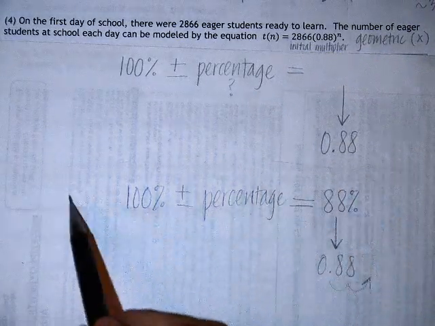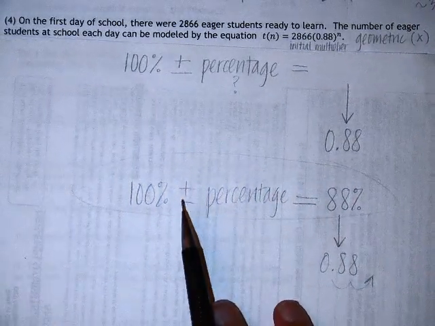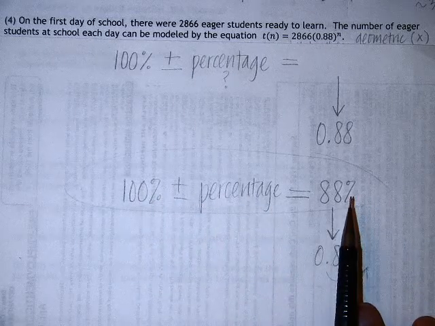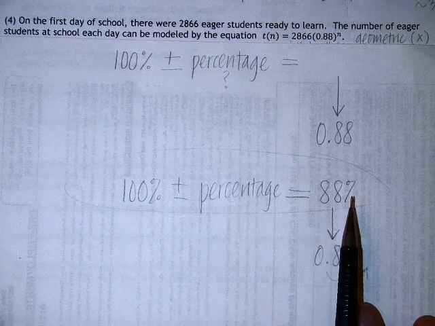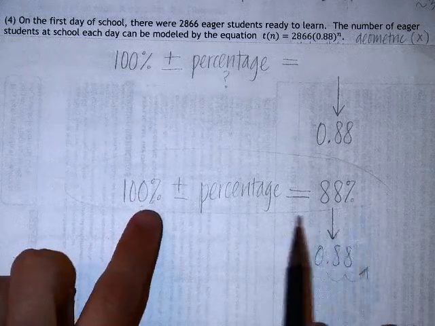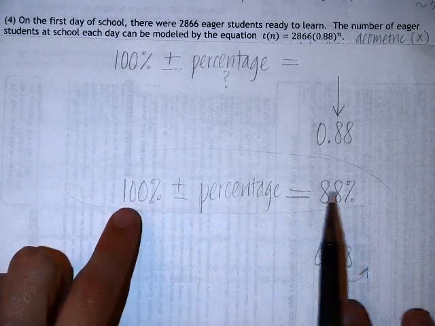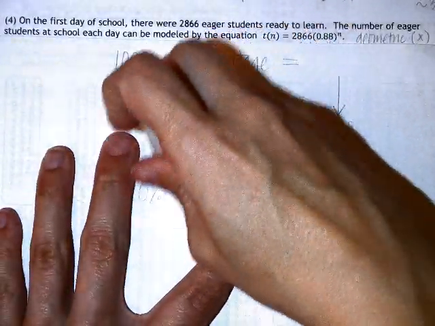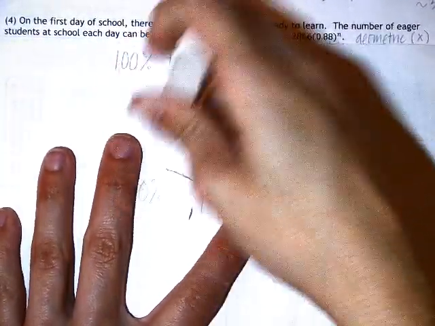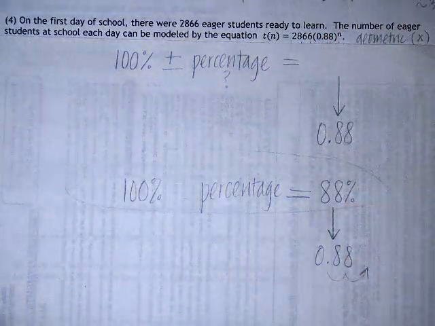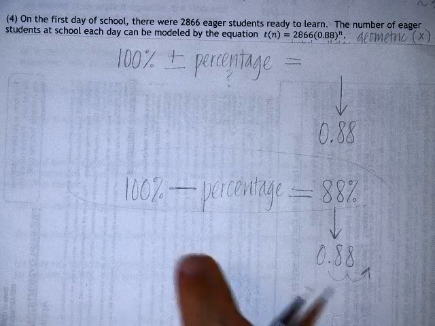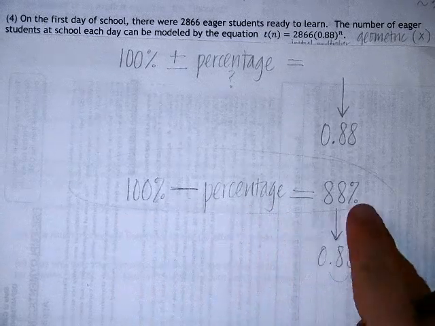So now it's almost like I have a bit of an equation to solve. 100 plus or minus something should have given me an answer of 88. Now let's think logically. If 100% turned into 88%, plus doesn't really make sense. So I'm going to erase the plus or minus, because it must have been a minus situation. 100% minus something would be down to 88.